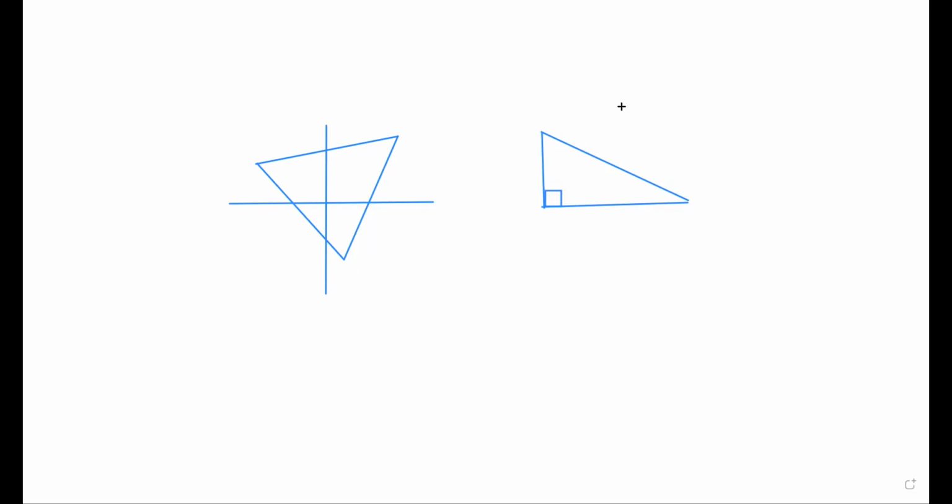Okay, so what we're actually using the distance formula to do is to calculate that angled side. So that's what we would have to do here, and for this side, and for that side.